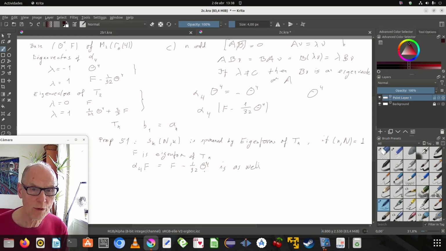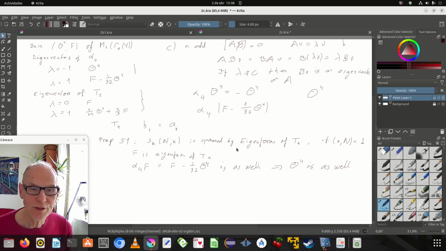And then it's trivial that theta to the fourth is as well, simply by subtracting the two, and with the same eigenvalue, mind you.